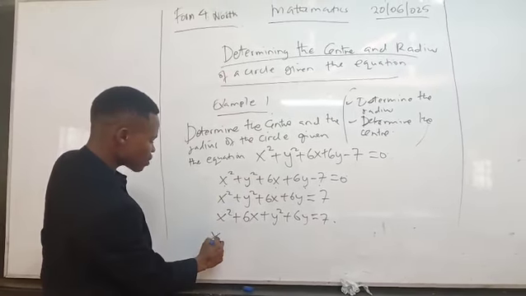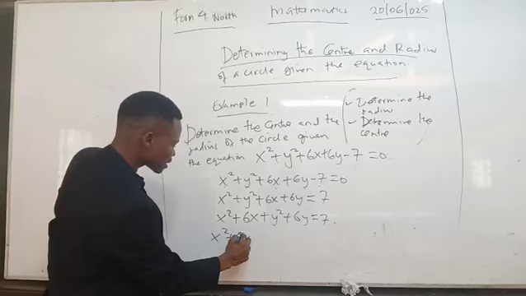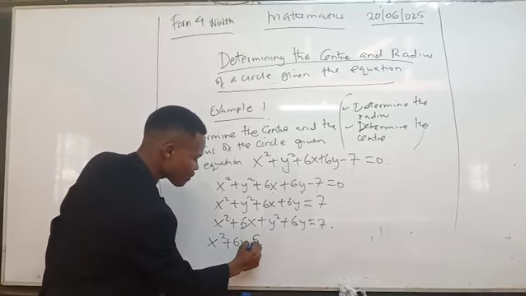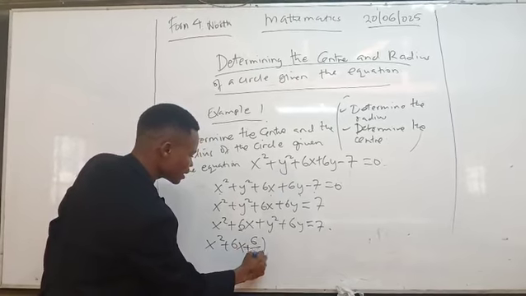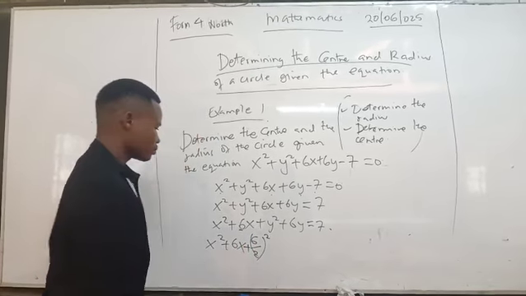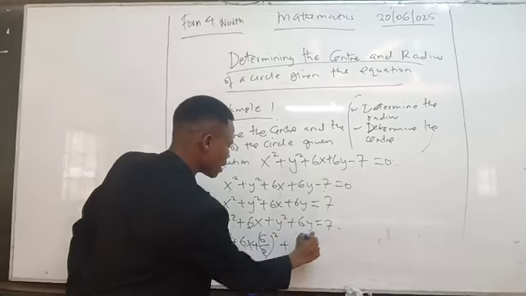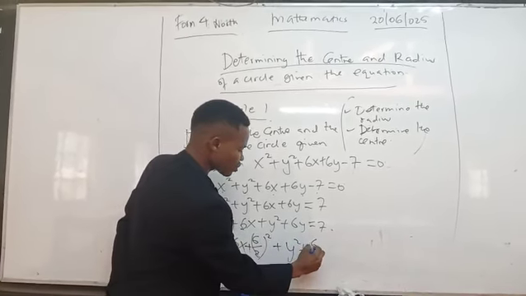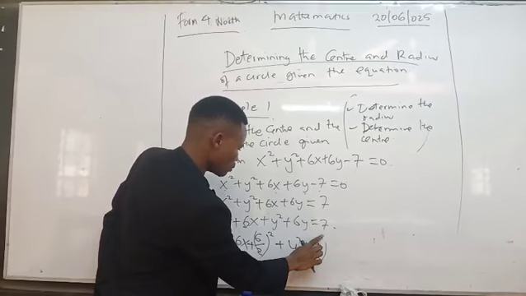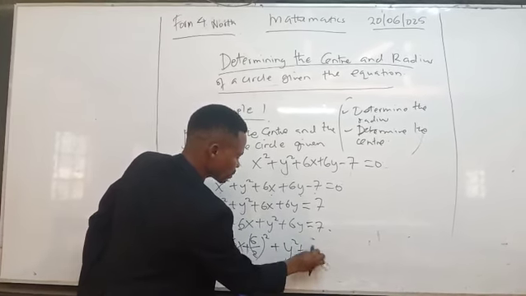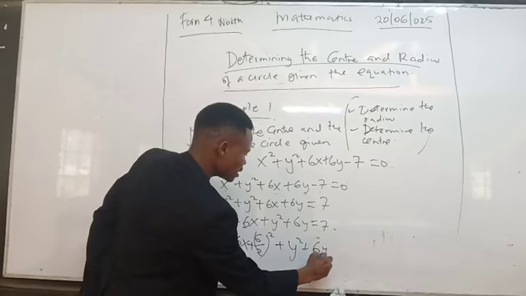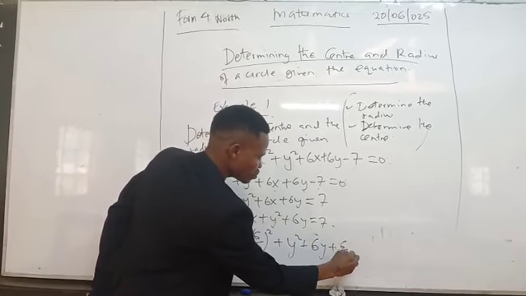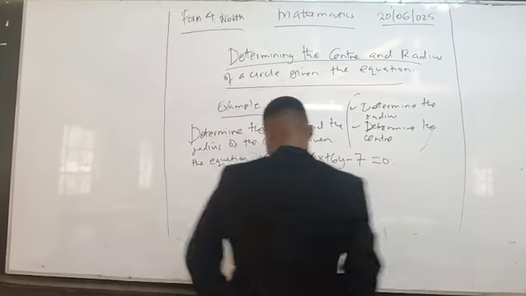So you have x squared plus 6x, but the coefficient of x here is 6, so you take half of it, 6 over 2, then you square it. We deal with y squared plus 6y in the same way: the coefficient of y is 6, so plus 6 over 2 squared.